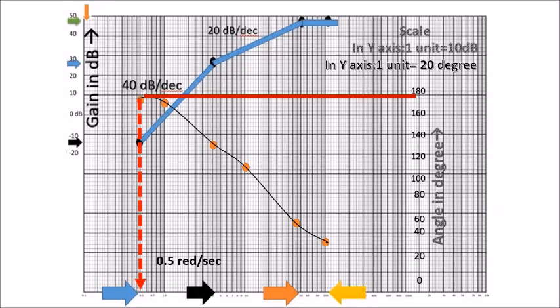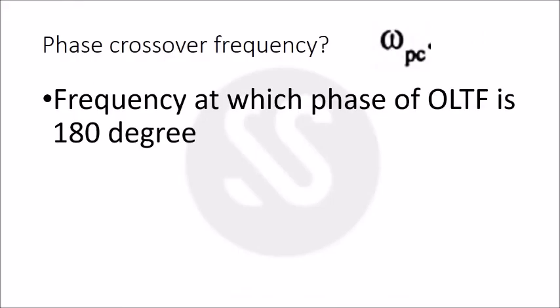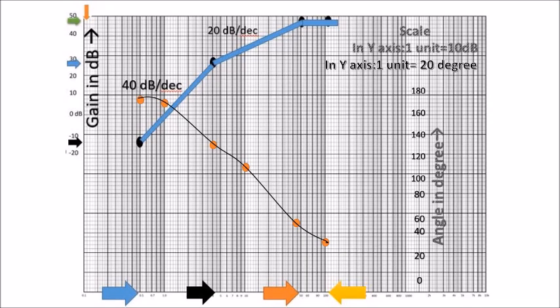It stands for phase crossover frequency. I repeat, the phase crossover frequency is the frequency at which the phase of OLTF is 180 degree. So I have drawn the BODE plot, and exactly at 180 degree on the phase plot, I have drawn a straight, horizontal line, this one.